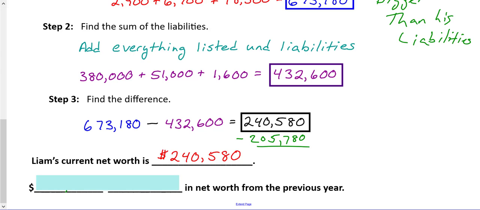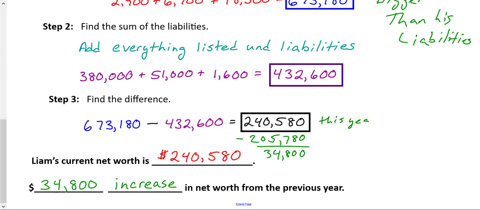And if we subtract, we get a total of 34,800. Now, this is this year and this is last year. So if you compare the two, you see that this year's current net worth is higher than last year. So he had an increase of 34,800.